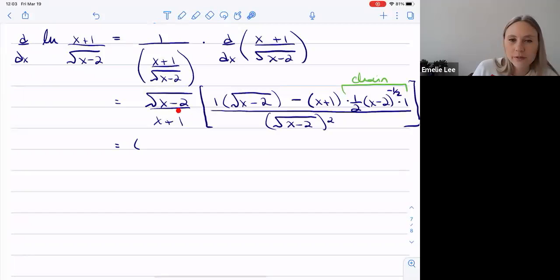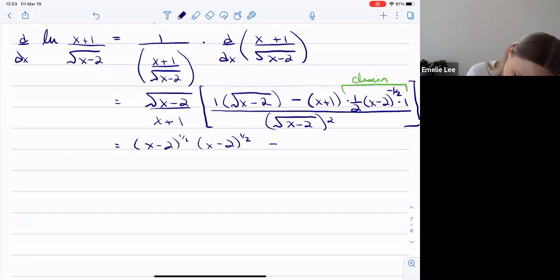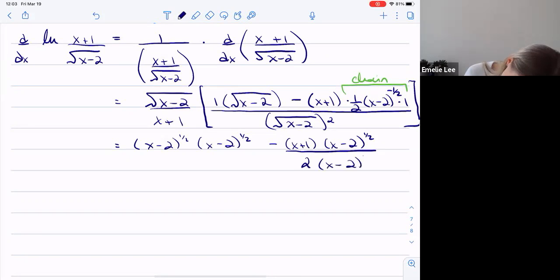I'm going to rewrite my roots as powers of 1/2, because in order to simplify, I'm going to need to work with the exponents anyways, so it just makes it nicer to look at. So x minus 2 to the 1/2 times x minus 2 to the 1/2, minus x plus 1, x minus 2, I'll bring it in now, x minus 2 to the 1/2 over 2 times x minus 2 to the 1/2.